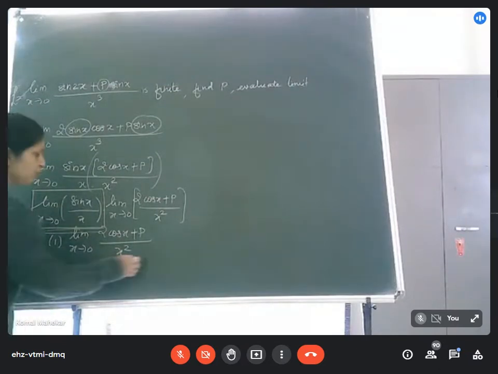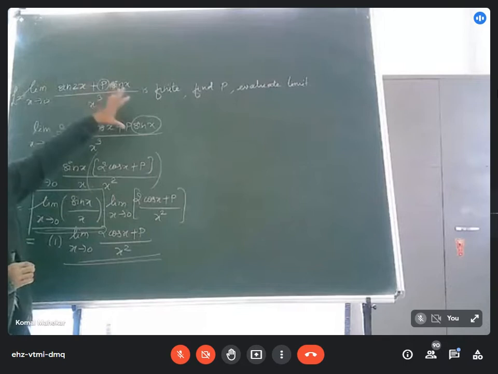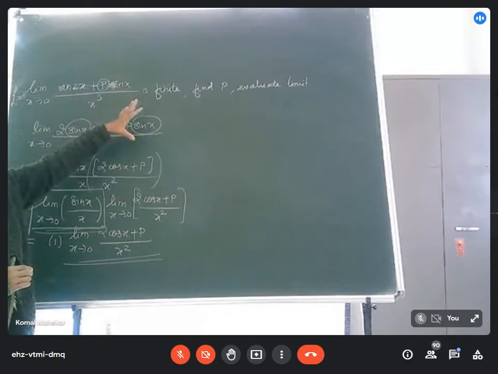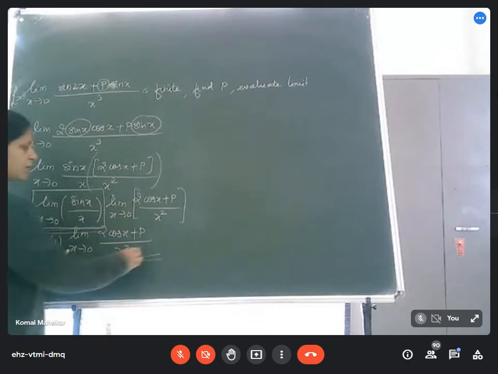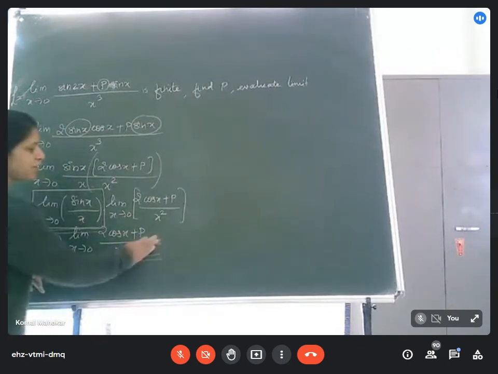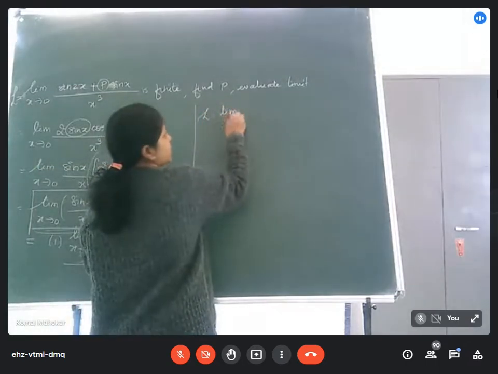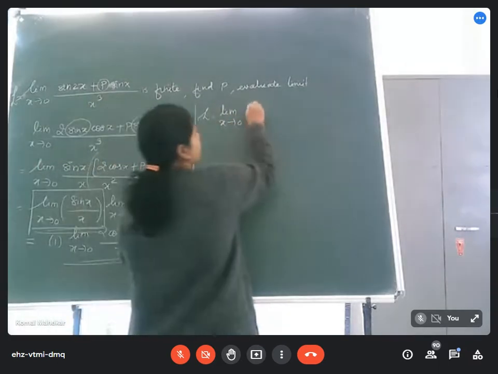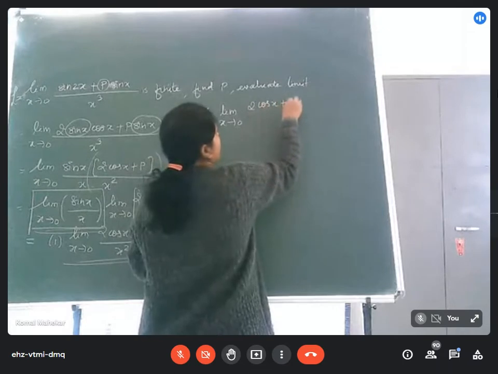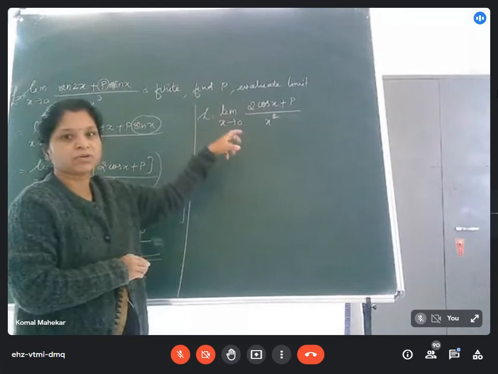So here to evaluate the value of p, what is given here? The limit of this function is finite. So when we get a finite limit, it is in 0 by 0 form. So when we apply limit, L is equal to limit x tends to 0 of 2 cos x plus p upon x square. Now see, if you apply limit x is equal to 0, what will happen?